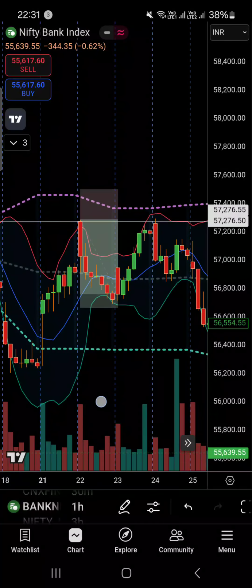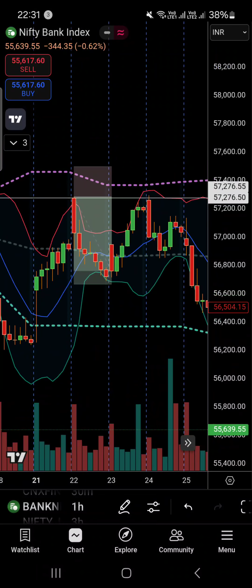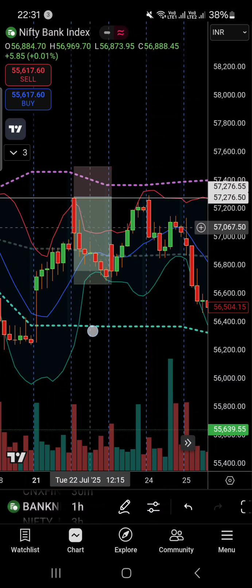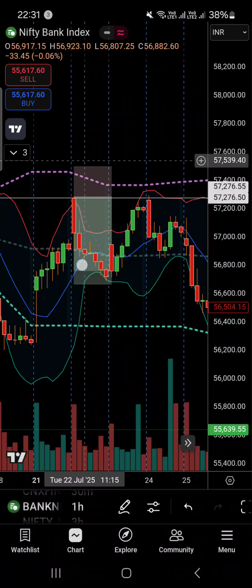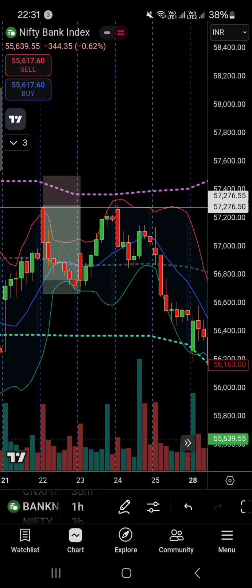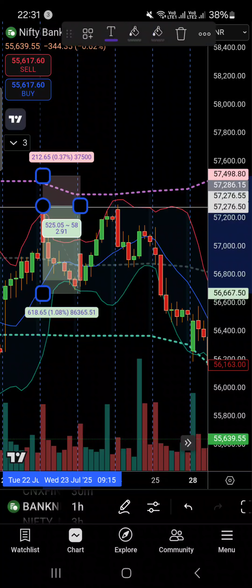So eventually you can see on this day the fall happened from this point up to here. Your stop loss is this much and you got more than how much? You got more than 1:2.